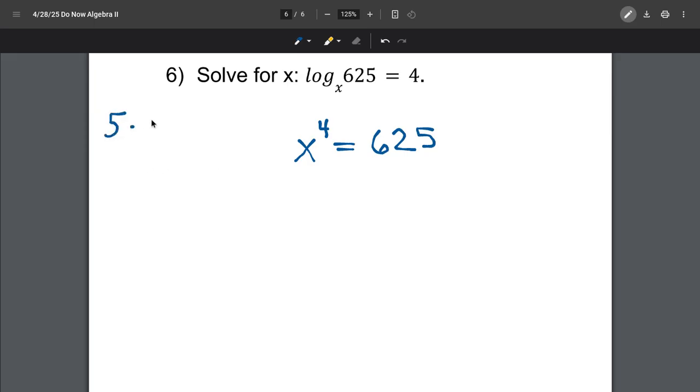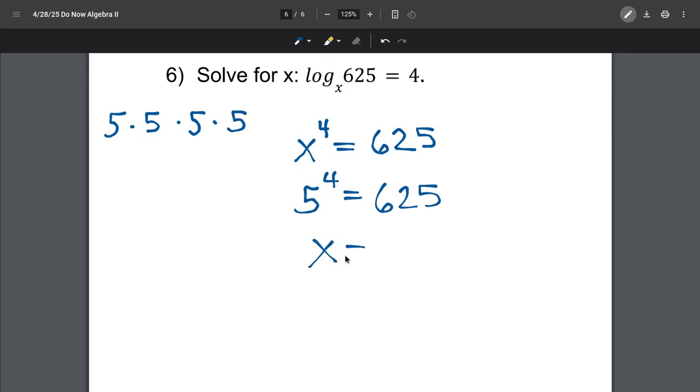So if I do 5 times 5, that's 25, times 5 again, that's 125, times 5 again is 625. So 5 to the 4th power equals 625. So x equals 5. So like I said, x equals 5.